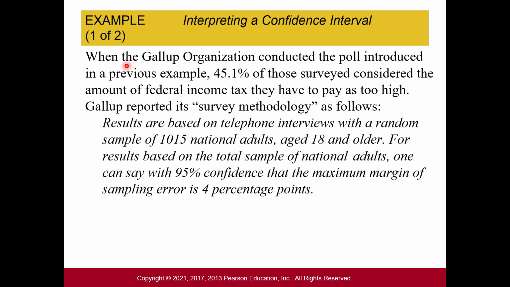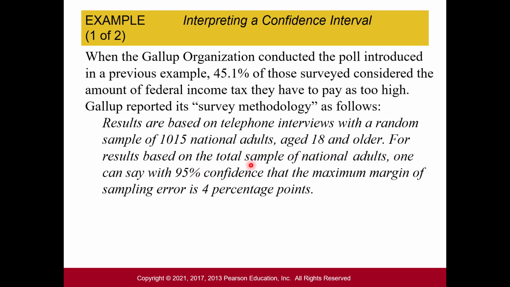So next example. When the Gallup organization conducted the poll introduced in the previous example, 45.1% of those surveyed considered the amount of federal income tax they had to pay was too high. Gallup reported its survey methodology as follows: results are based on telephone interviews with a random sample of 1,015 national adults aged 18 and older.